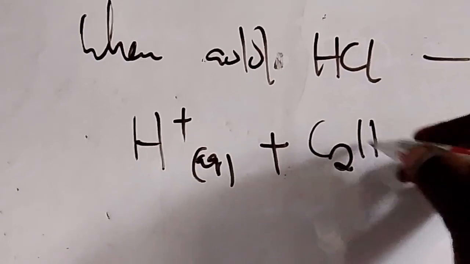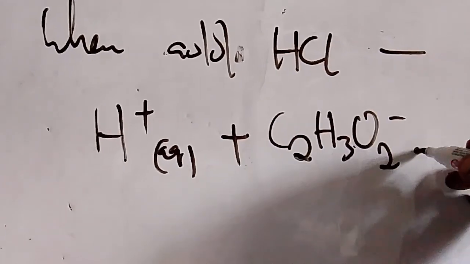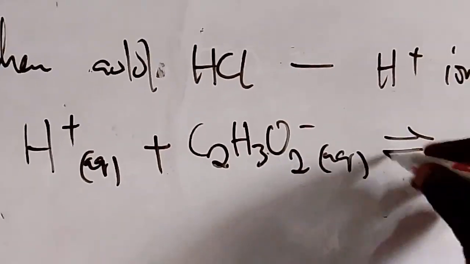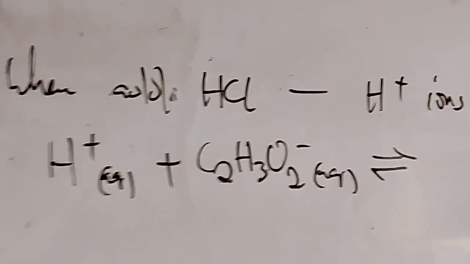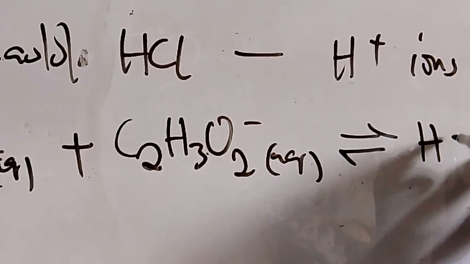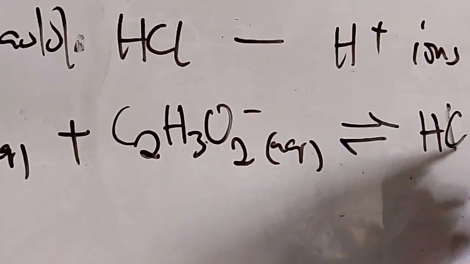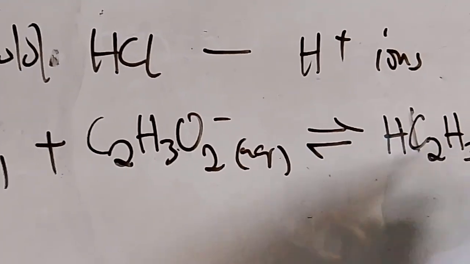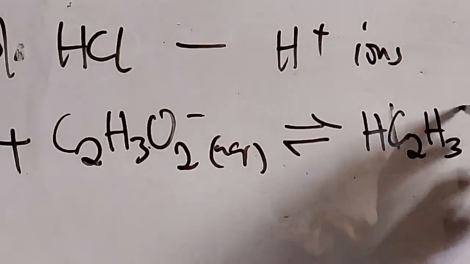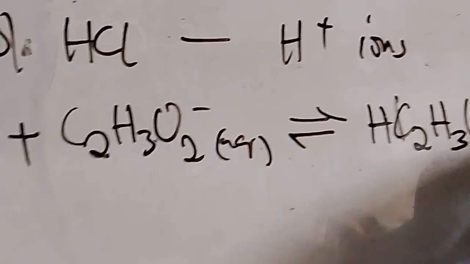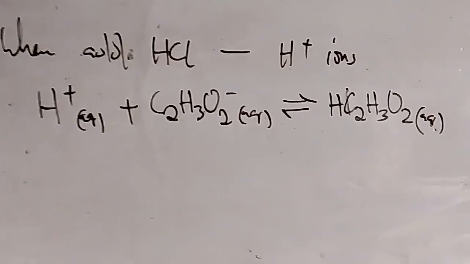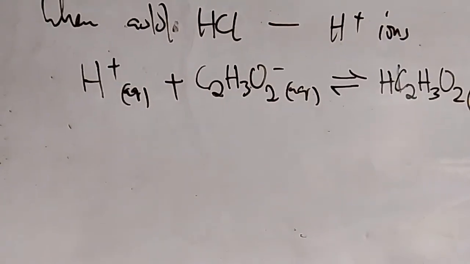So the reaction that will occur is hydrogen ions plus the conjugate base, C2H3O2, and it's going to form acetic acid. The acetic acid will be formed.